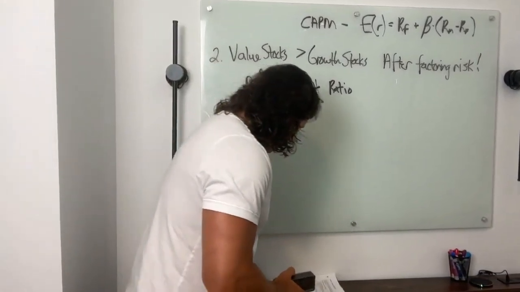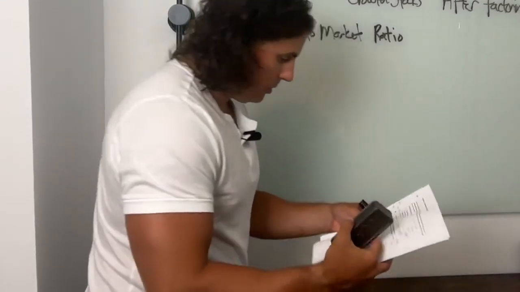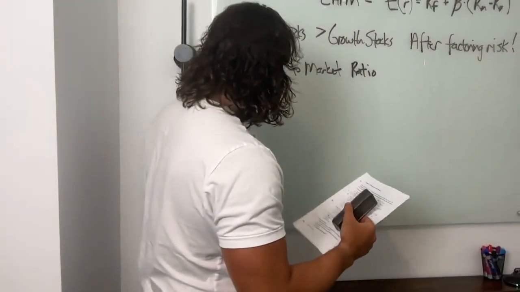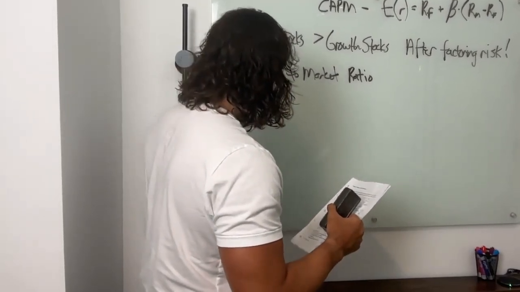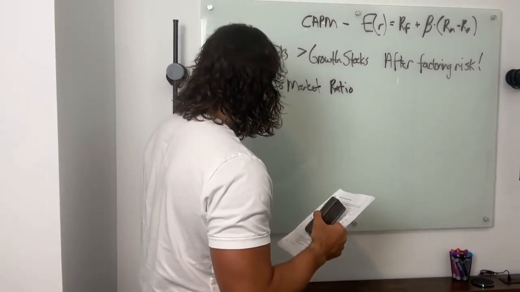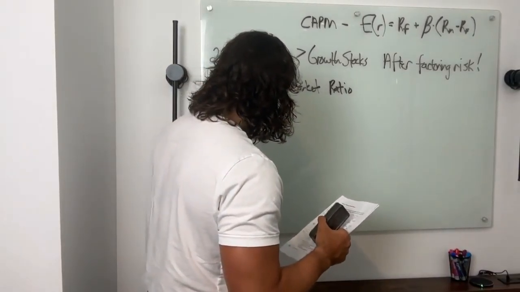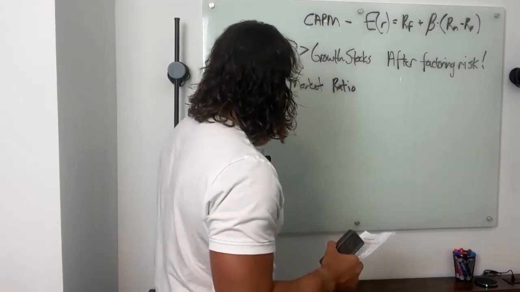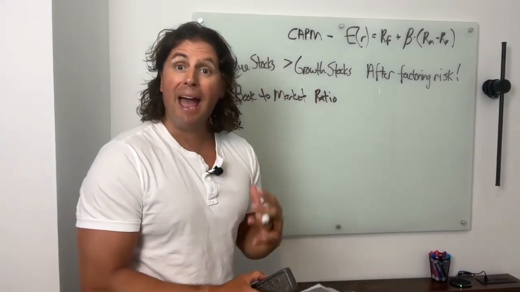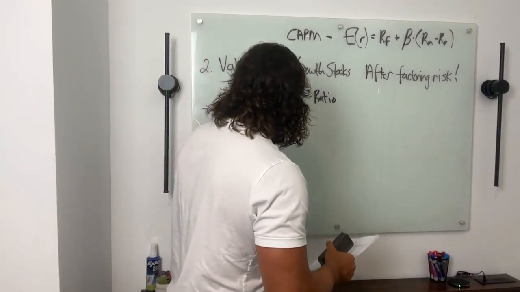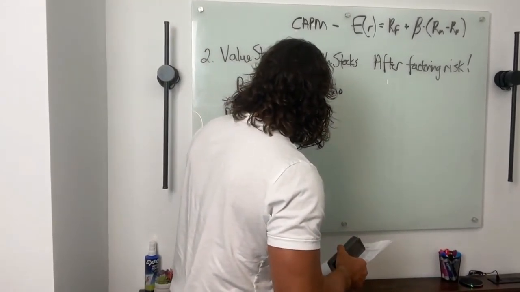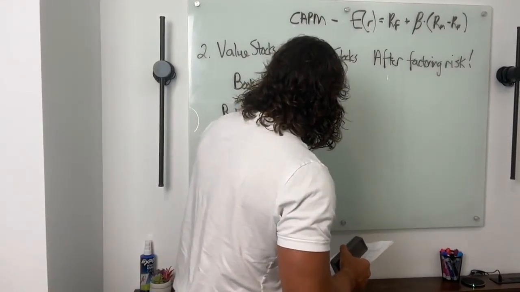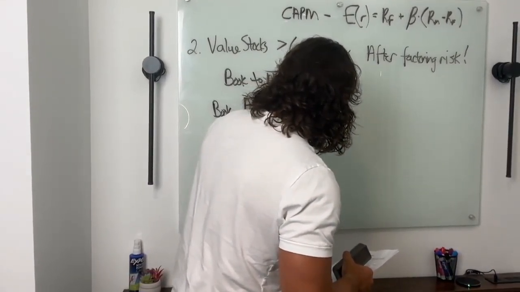What we're looking at here is the book value. The book value is basically, at the end of the day, if you look at the balance sheet, assets minus liabilities.